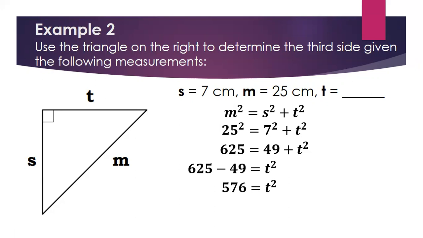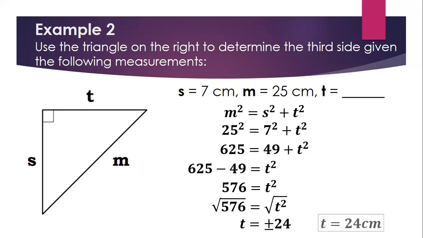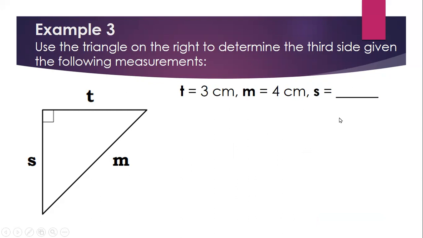So, to get T, we need to extract the square root of both sides. So we have the square root of 576 equals the square root of T squared. So our answer here, the square root of 576 is positive and negative 24. So our answer is 24 centimeters doon sa ating leg. Okay, next example.